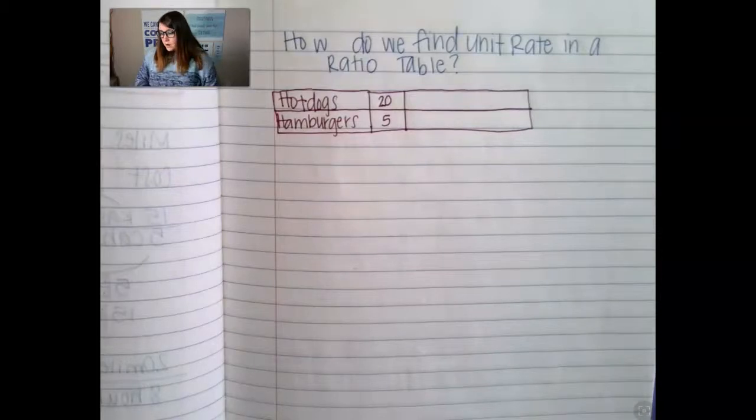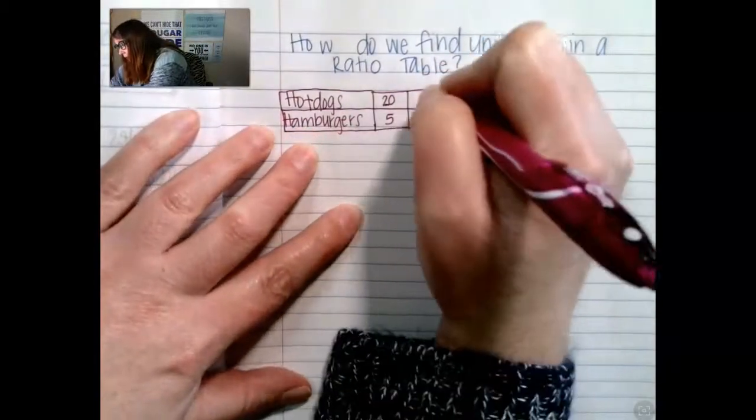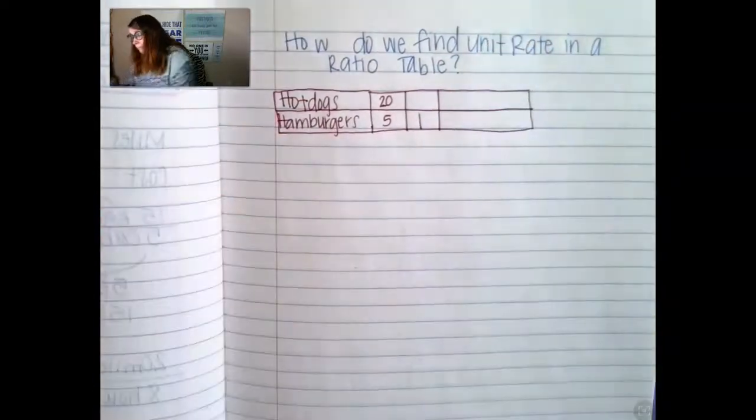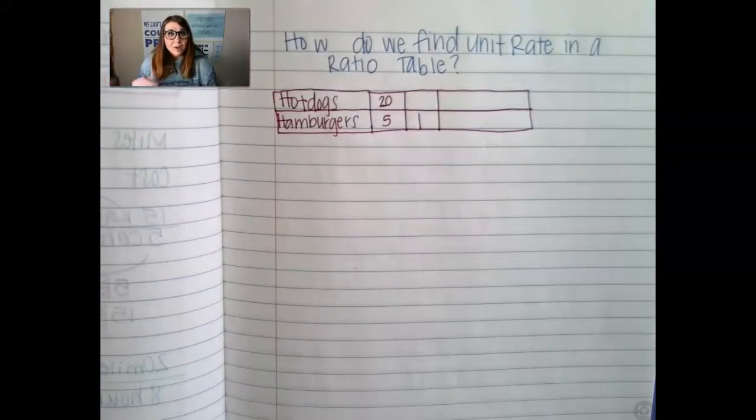But I want to know how many hot dogs I sell for 1 hamburger. So for every 1 hamburger, how many hot dogs do I need to have on hand to sell? I'm going to do the exact same thing that I've been doing all along to find unit rate.